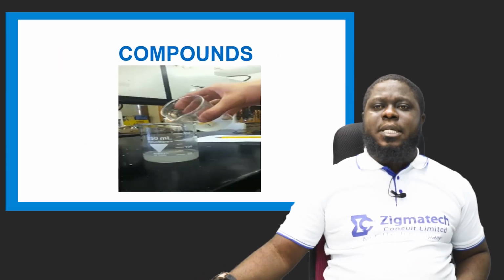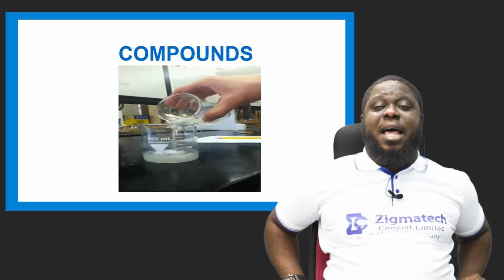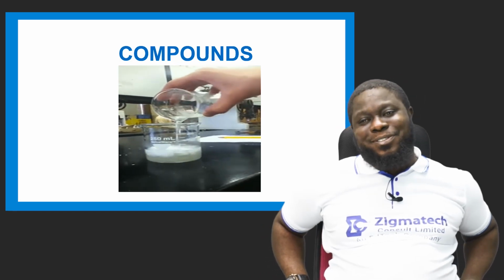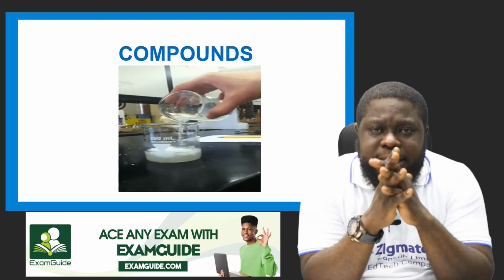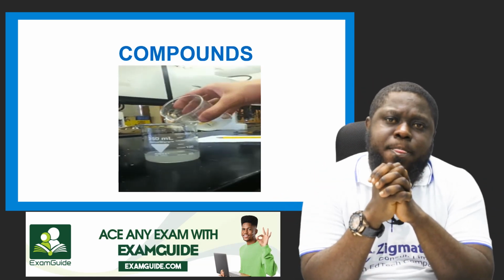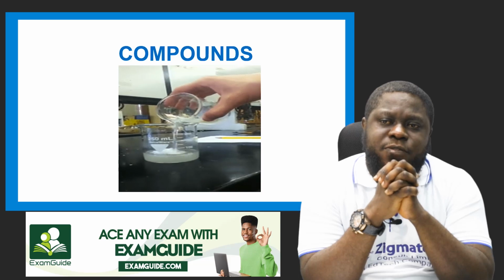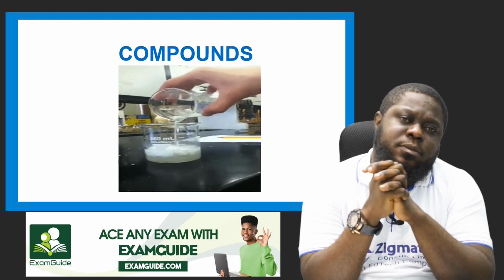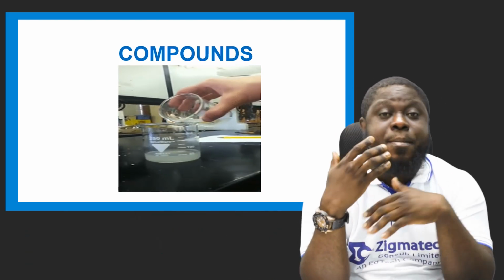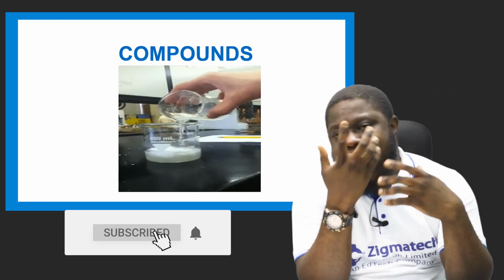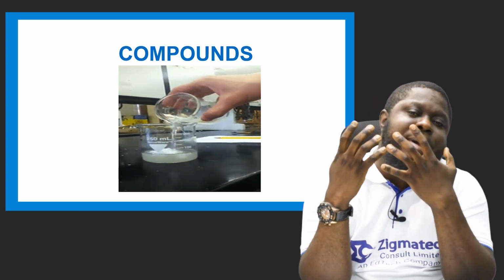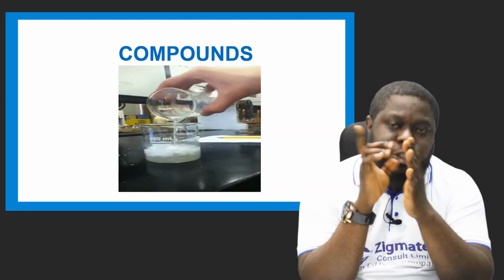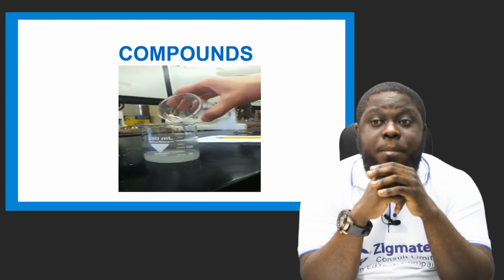Now, the next class of matter is a compound. Compounds, as you can see on the screen, there's a reaction for the formation of a compound. Every single chemical reaction forms a compound. As we talk about chemical changes, not all chemical changes result in the formation of a compound.